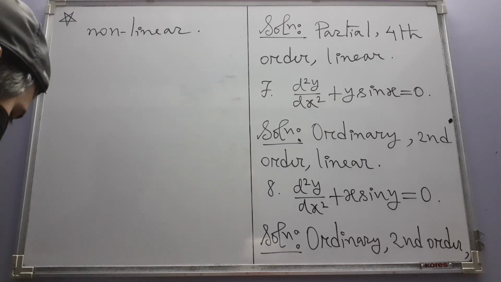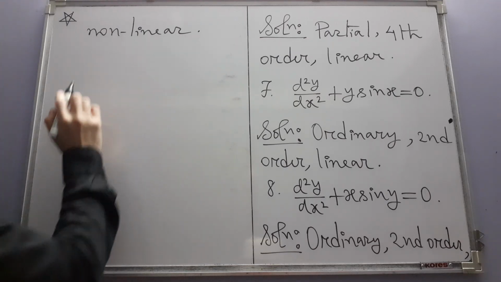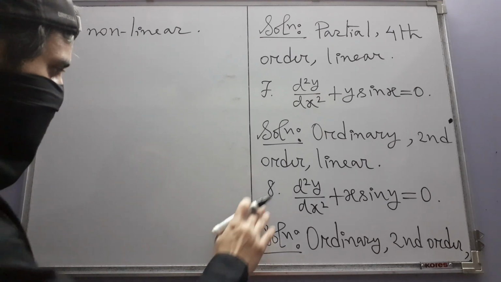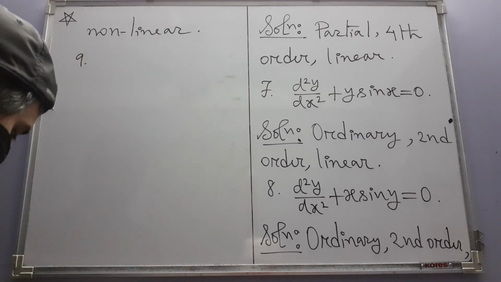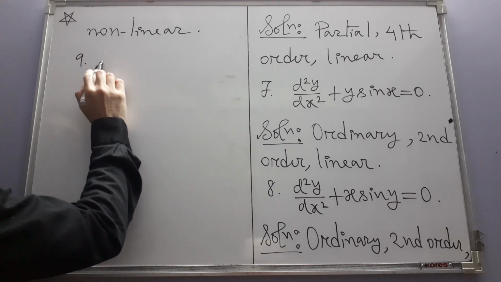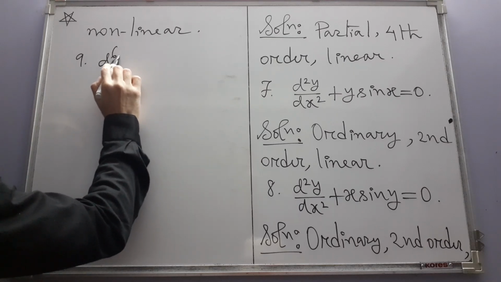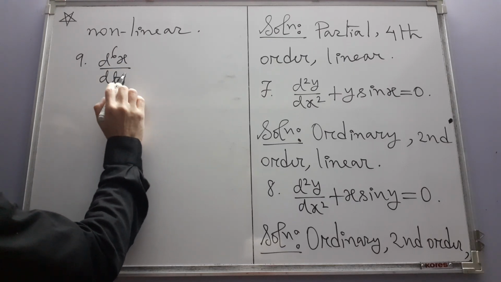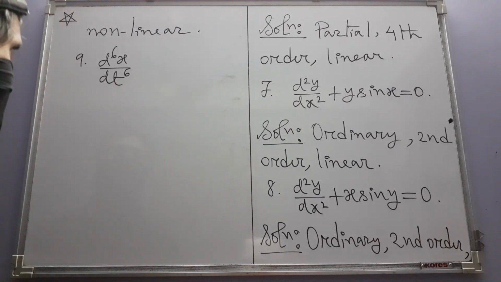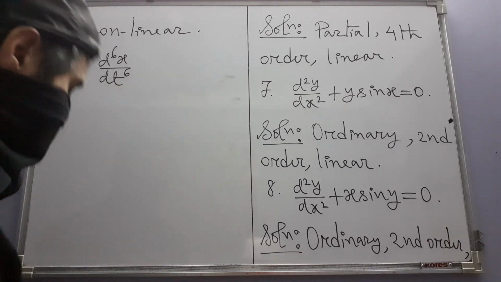Non-linear. Next, 8. Oh, this itself is it. I keep on forgetting the number. 9. Here the dependent variable is x and the independent variable is t. Usually t denotes time.